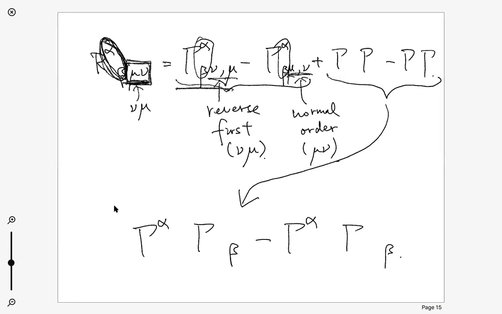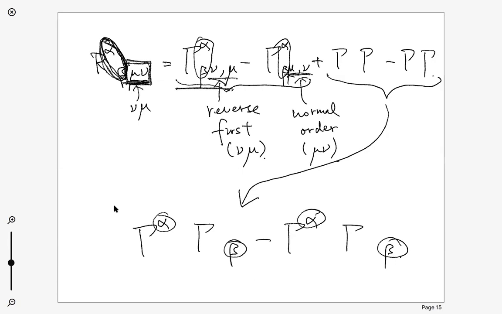Okay, I will just write this right away. The leftmost index here and the rightmost index here are already occupied by the two fixed indices here, alpha and beta.